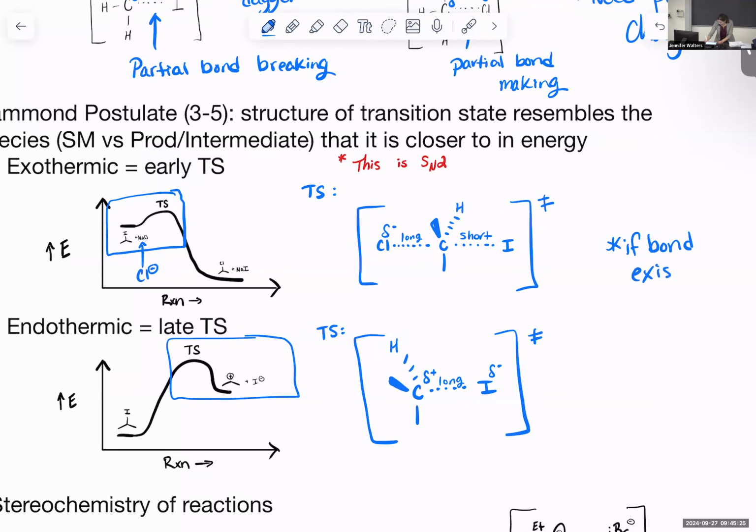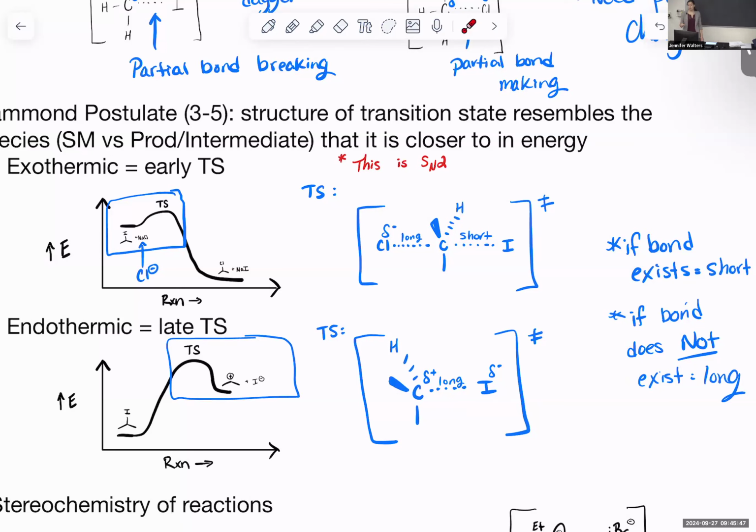If the bond exists, then it is called short in the transition state. If it doesn't exist, then it is long in the transition state.